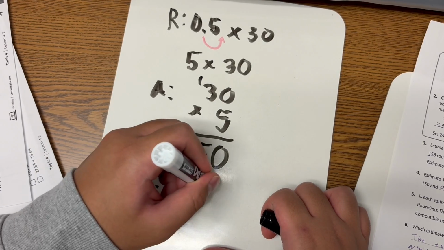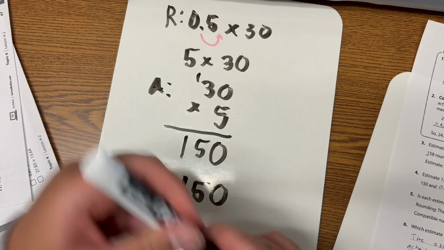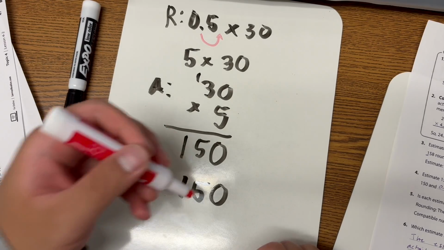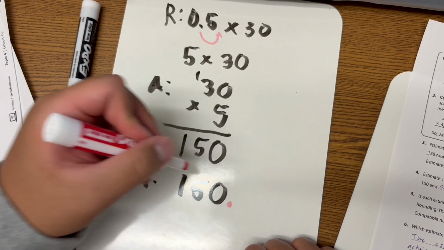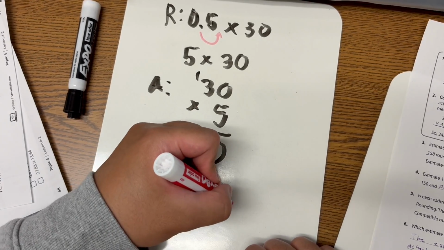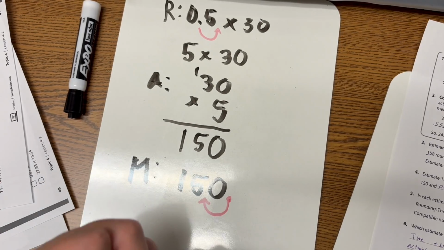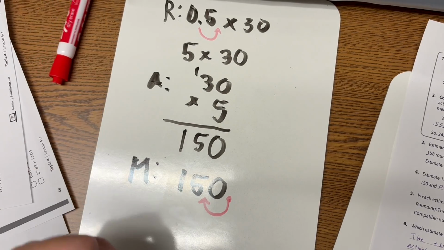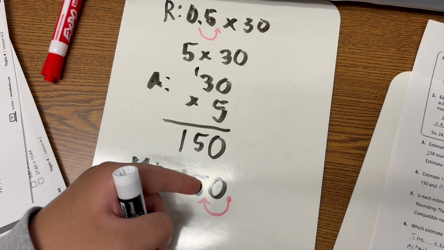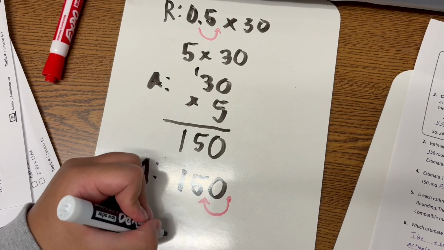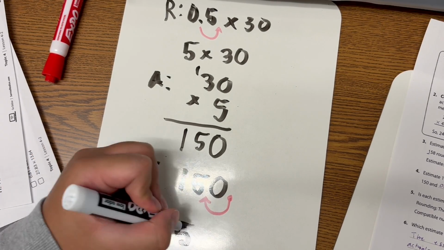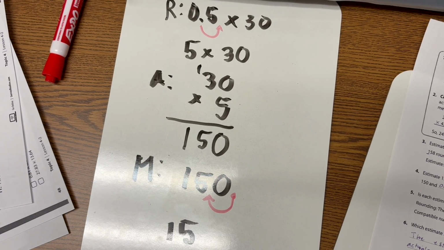So in 150, our invisible decimal point is at the end of the number. We move it one space back. Our new decimal would be placed between the 5 and the 0. So our estimated product is 15.